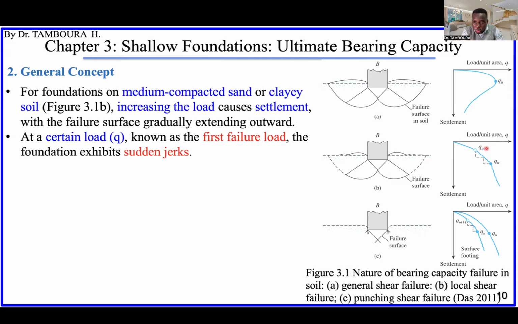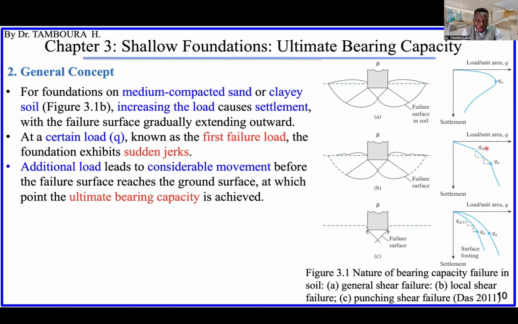Qu1, ultimate one. Okay. Then if you add more load, additional load leads to considerable movement before the failure surface reaches the ground surface. Okay. So at that time, we will now have our ultimate bearing capacity. Okay.